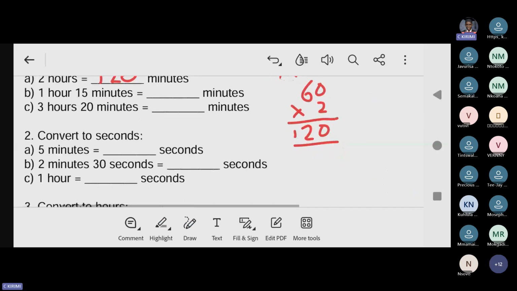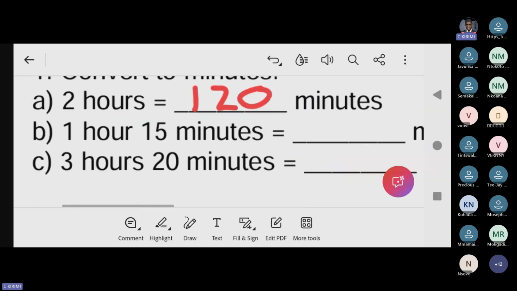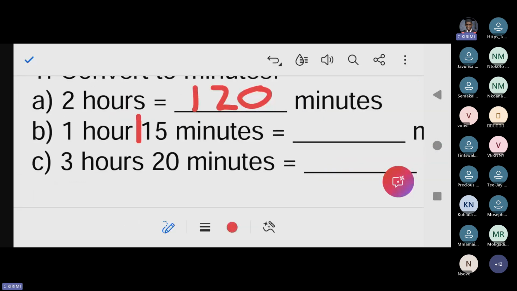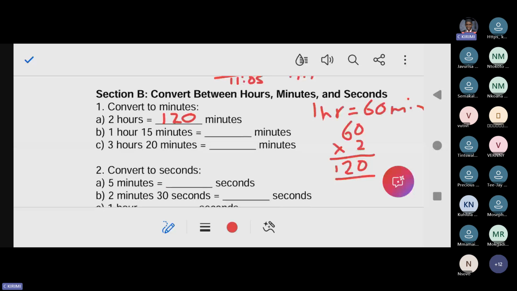All right. Then we calculate again 1 hour, 15 minutes. In other words, they want to add 1 hour plus 15 minutes. When you're writing, that's what it means. 1 hour we know is 60 minutes. What is 60 plus 15?